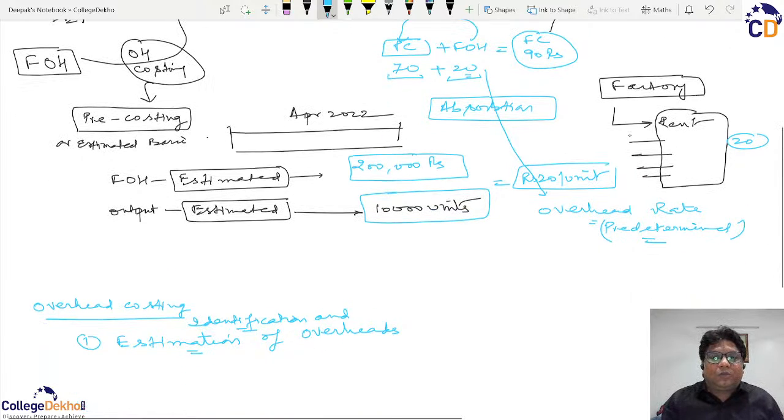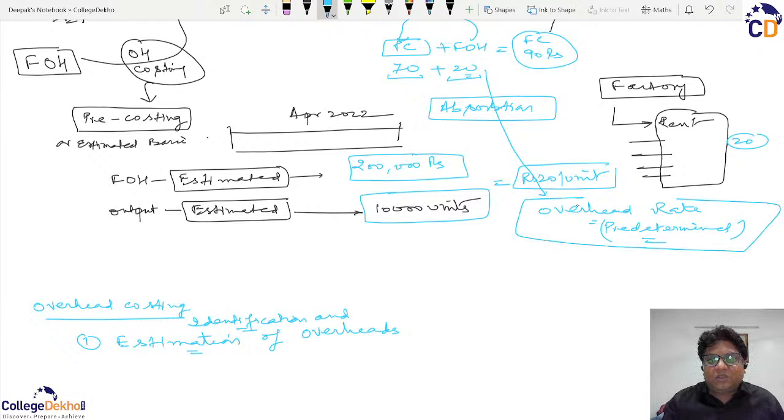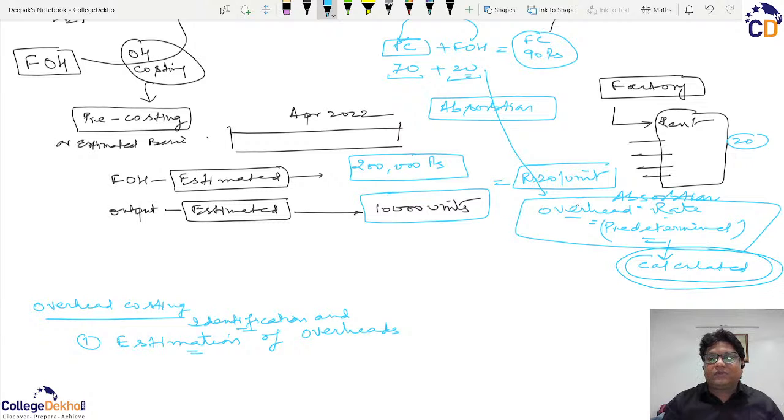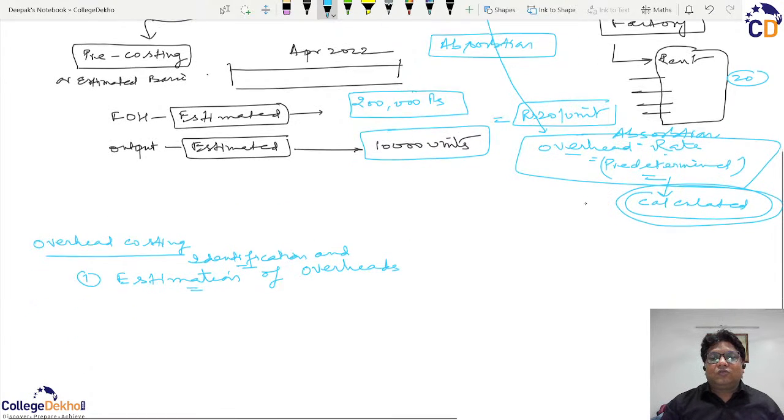So our basic objective in this overhead distribution is how to calculate this overhead rate. So now the word has become the overhead absorption rate. So what we have to study is how this overhead absorption rate is calculated.